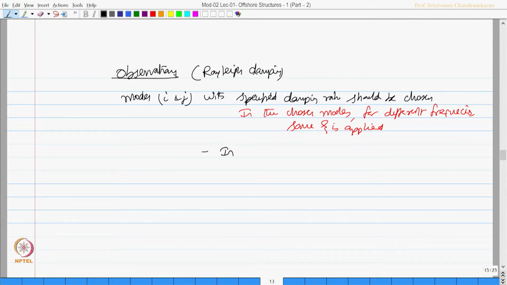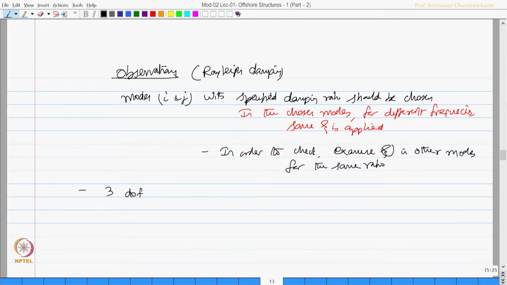Further, in order to examine damping in other modes for the same ratio, for example, if it is a 3-degree of freedom system model, three modes need to be included in the analysis.